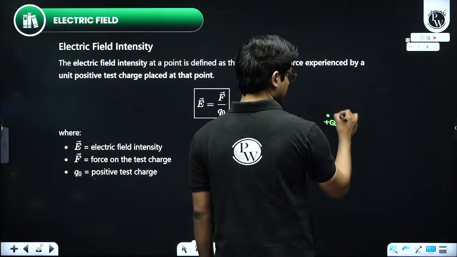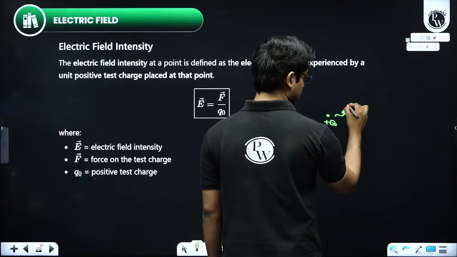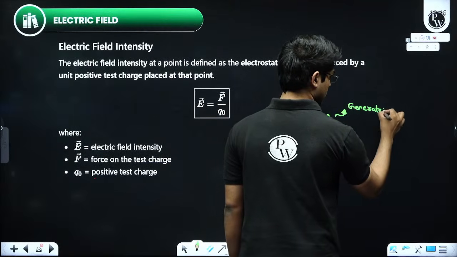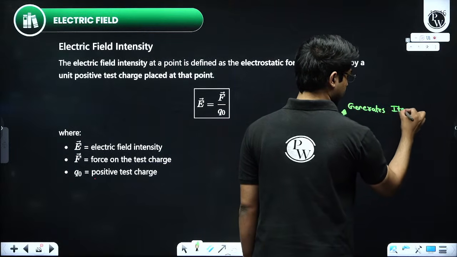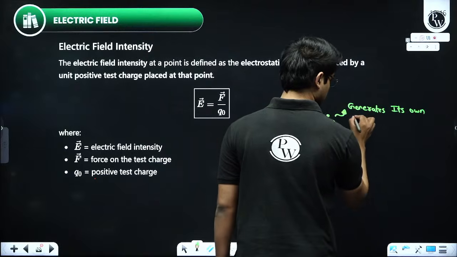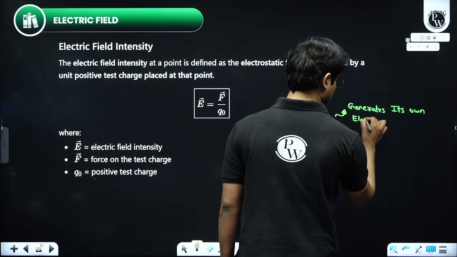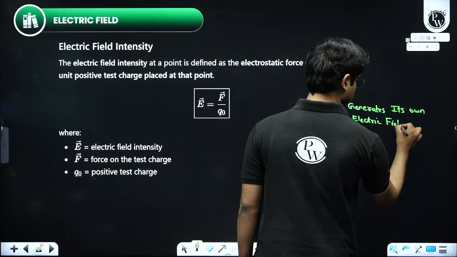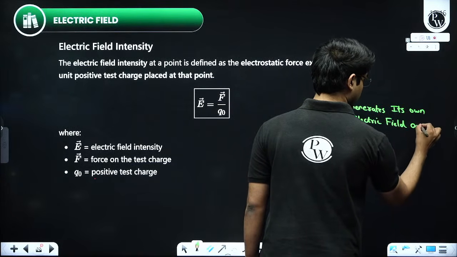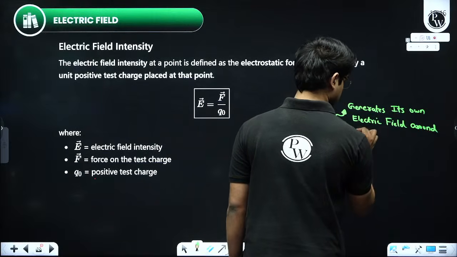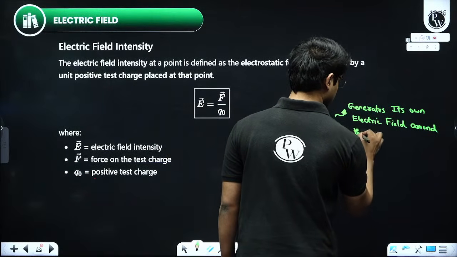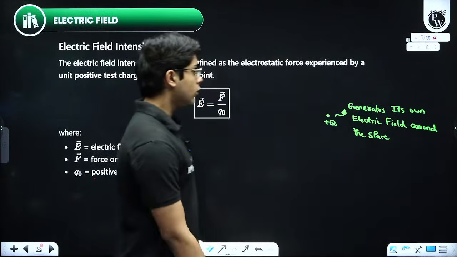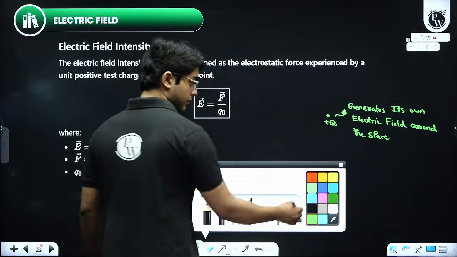This plus q charge generates its own electric field around it in space.